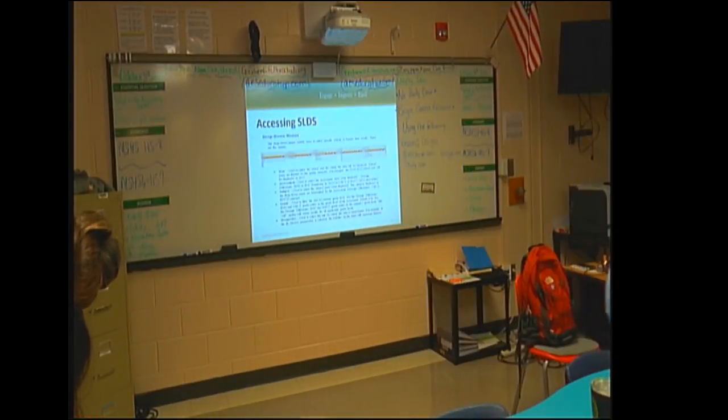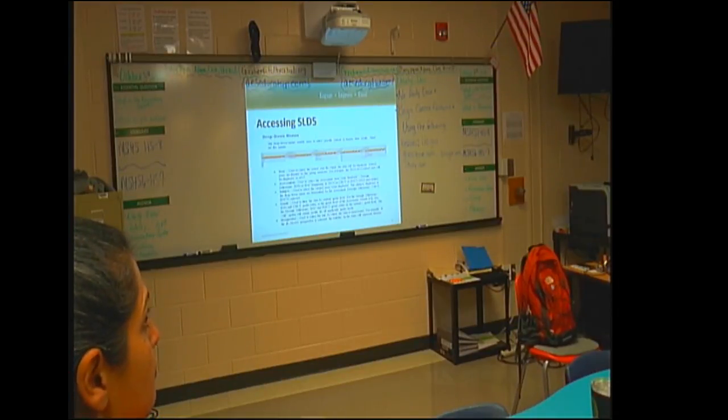So really quick, this paper that Ryman is handing out, can I have your attention please? Just for a second. This paper that Ryman is handing out, on the front it shows you different buttons you can click and what information you would see, okay? This is an example of state, but when you look inside of your SLDS, you can see your individual classes and your students' information.